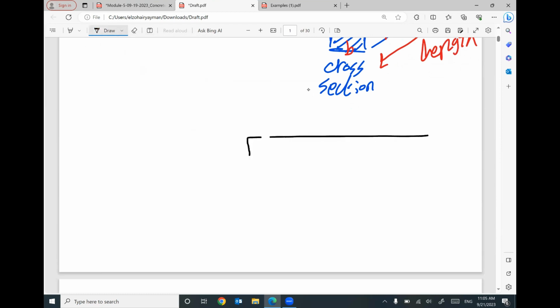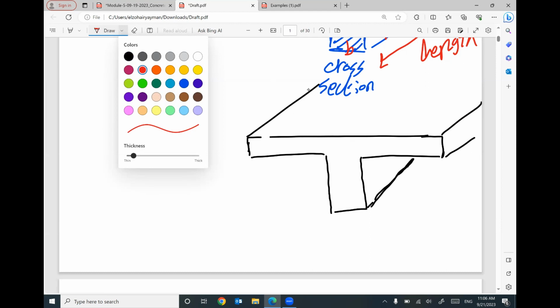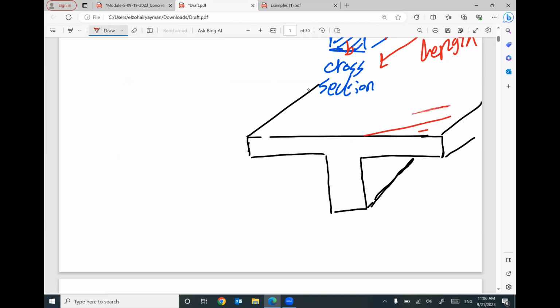We have a slab and we have a beam coming out from this slab. Does that make sense? So if you would like to figure out the volume of the slab, I will multiply the area of the slab times the thickness.